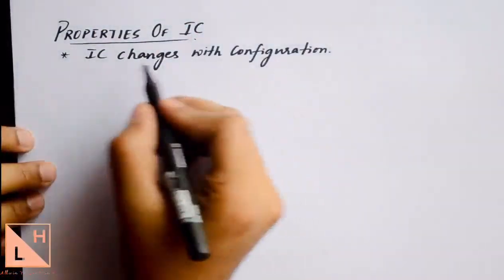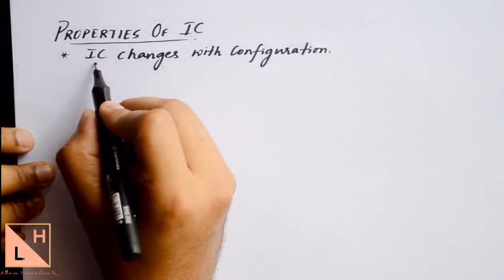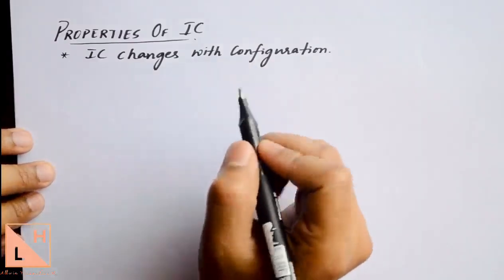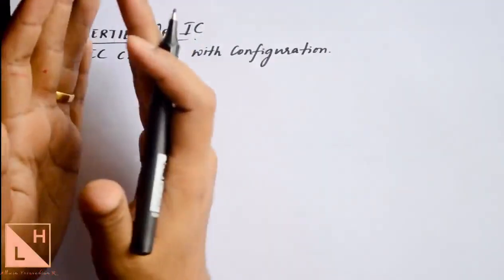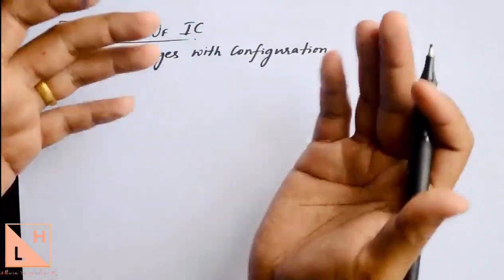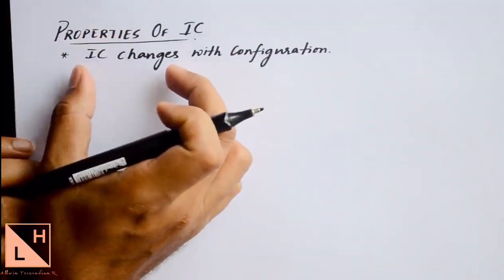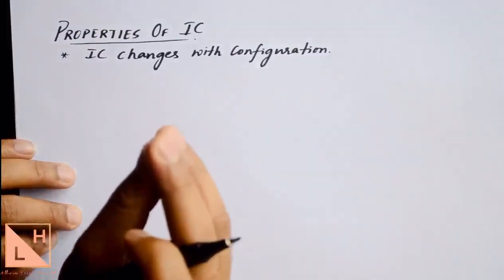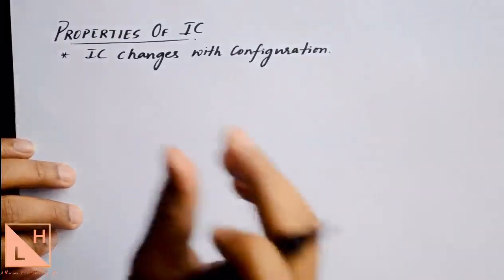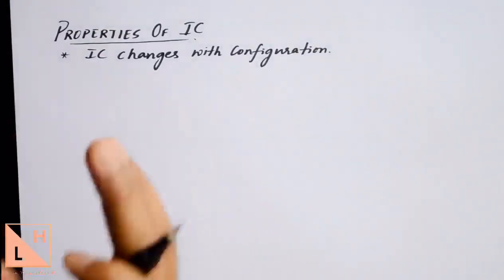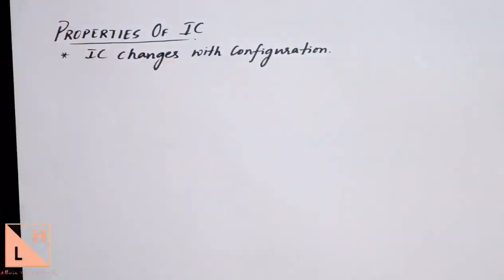The instantaneous center changes with configuration. When you have a different motion for the link, the IC will also be at a different position. Remember that the instantaneous center is a center only for that particular instant. As you change the configuration, the position of that IC will also shift.